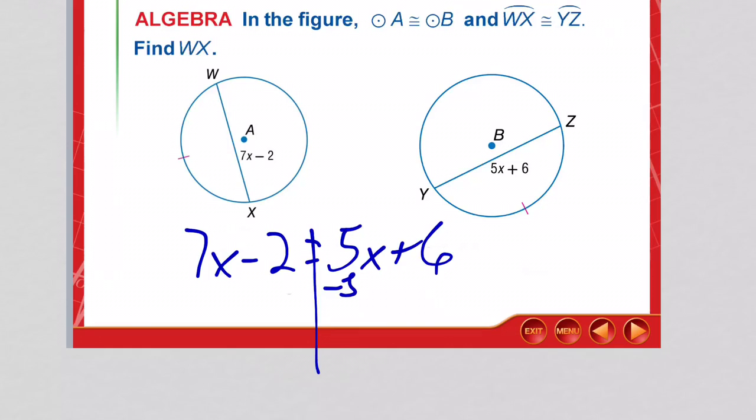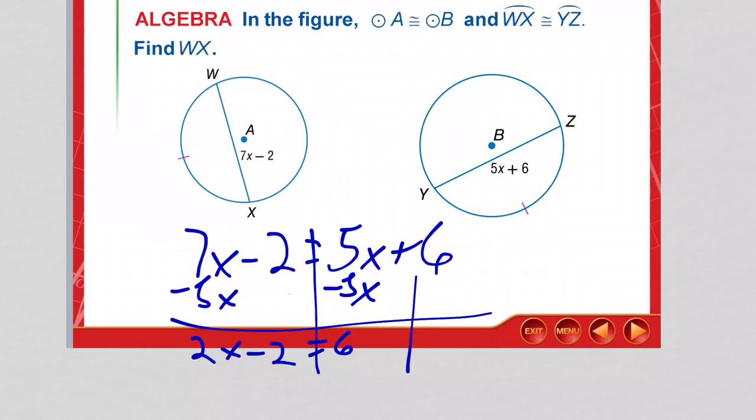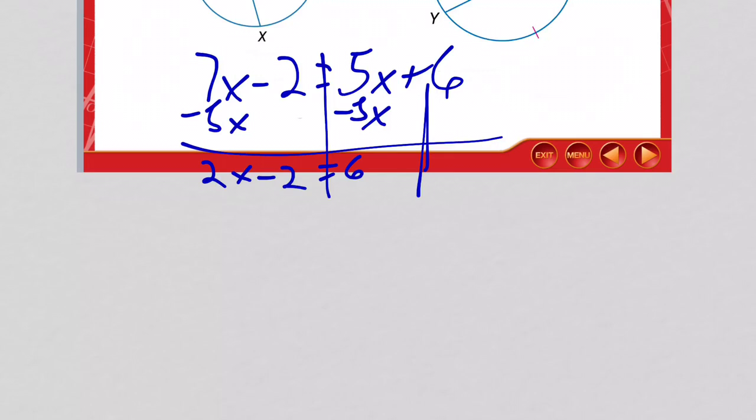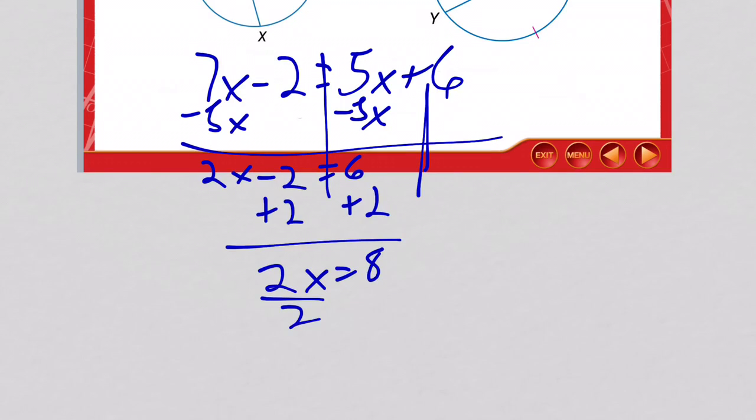So we, of course, would just have to subtract 5x from both sides. So that would give us 2x minus 2 equals 6. Then from there, add our 2 to both sides, which gives us 2x equals 8, and then divide by 2. So x equals 4.